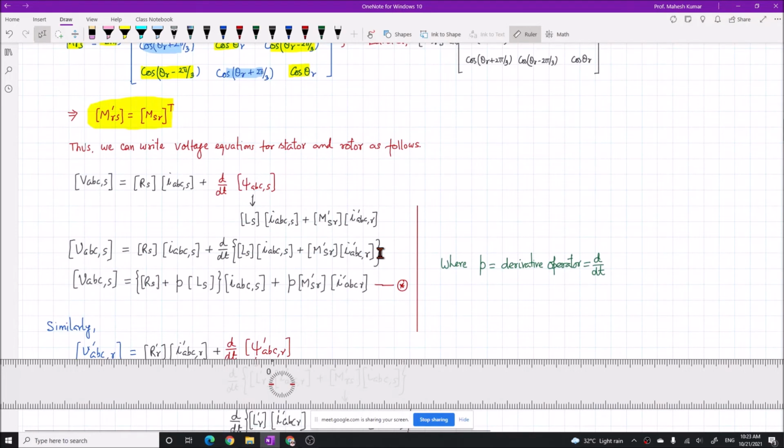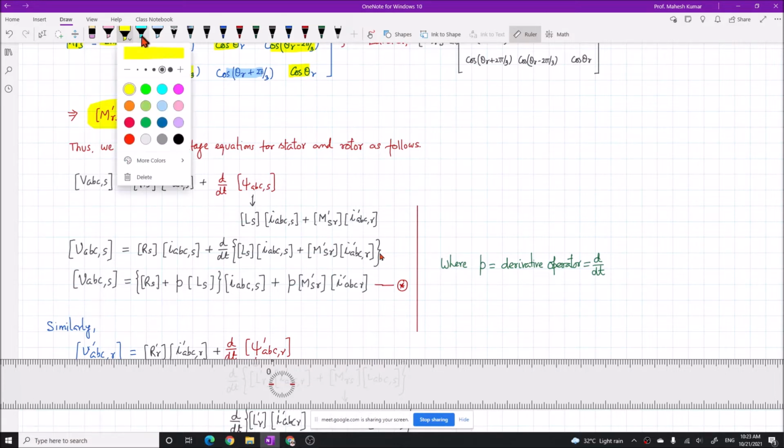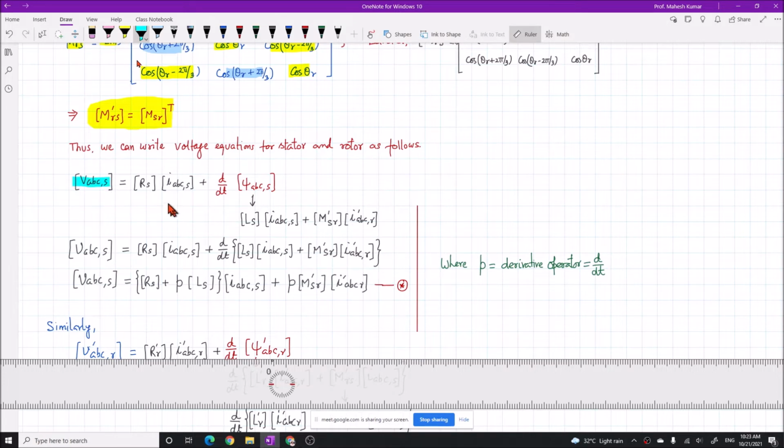Okay, so let us now try to expand the flux linkage in terms of these matrices. So V ABCS, as we have found earlier, equals RS into IABCS. Now I will not read the matrix notation, I will simply say RS. So when I say RS, it is basically the RS matrix. And when I say IABCS, it is basically the column vector for the current on the stator side.